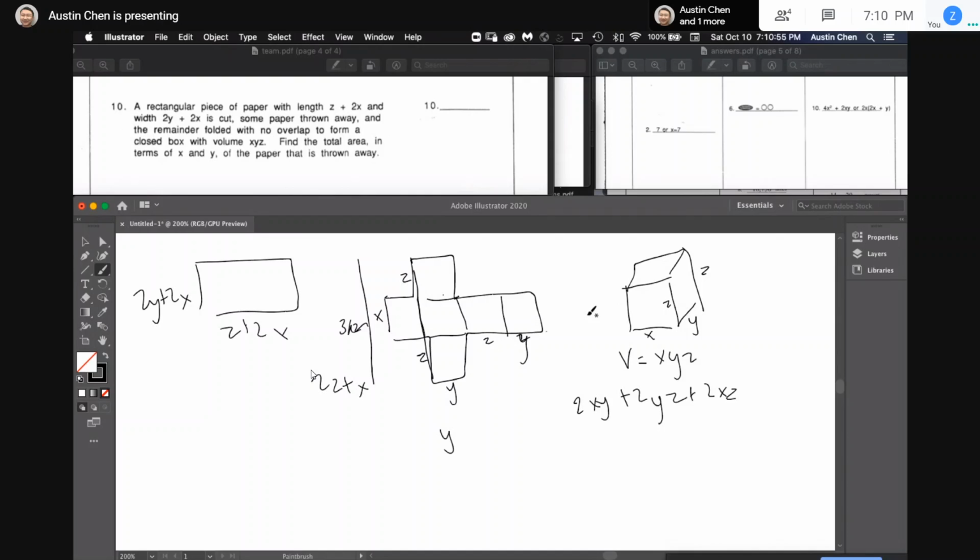And this side is going to correspond to this side because this is our top rectangle, so that side has to be y. And this side has to be z, right? Because it's talking about this z, and if you fold it up, it has to correspond to this side. It has to be the same as this side. And then this side length would be 2z plus 2y, right?